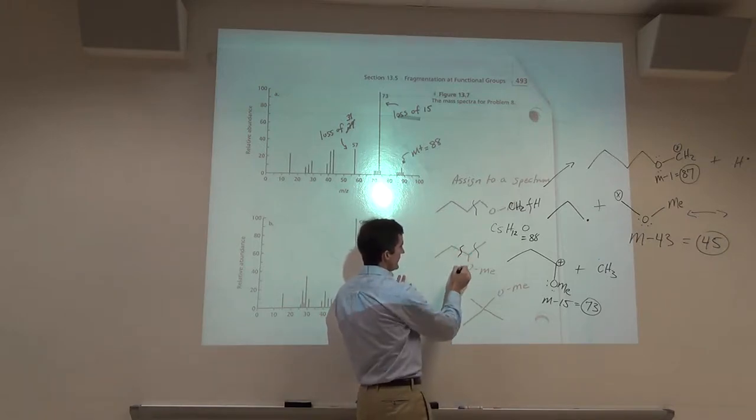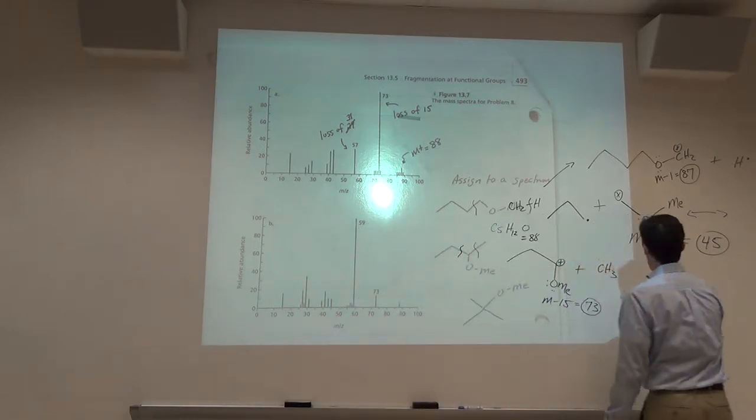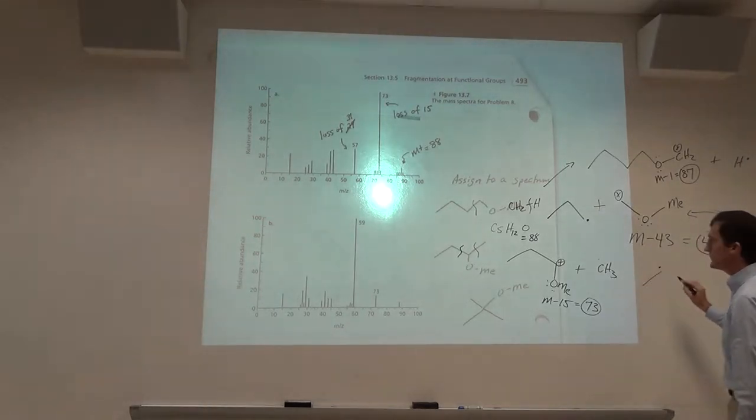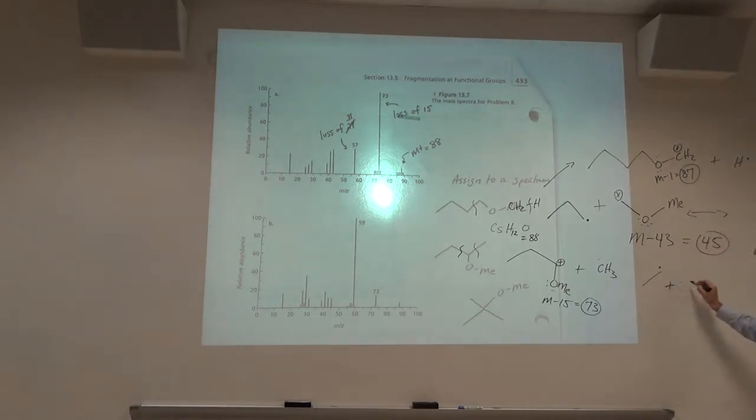We could also cleave here to get just an ethyl radical plus that cation next to a lone pair.